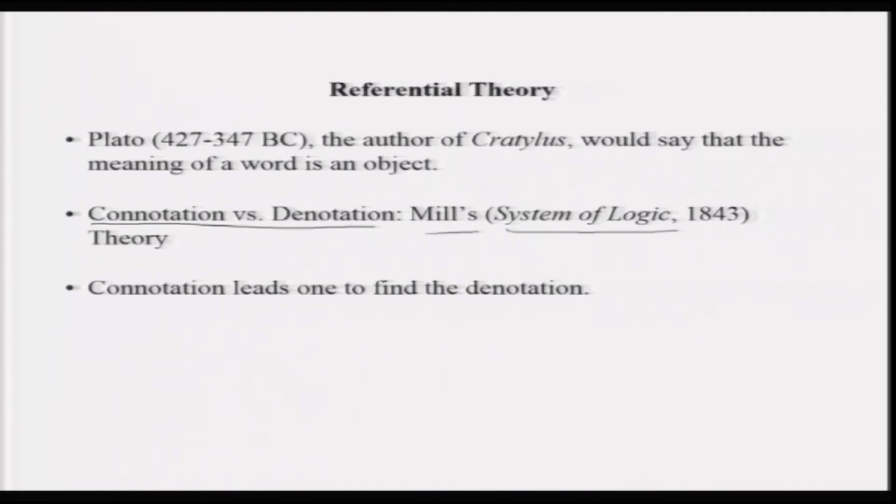Basically, connotation is something associated with a word. It is a guide that leads us to its denotation. For example, when somebody says cat, something happens to me, I'm guided in a certain way, and as a result of that I can categorize an animal as a cat.